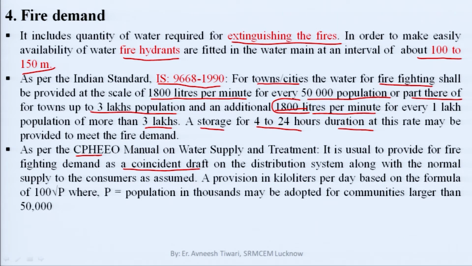So that should be a coincident draft along with the normal supply to the consumer as assumed. It means our coincident drafts can be provided in that form also. And the second option is based on a formula, that is 100 under root of P, where P is the population in thousands. And that is for 50,000 population.